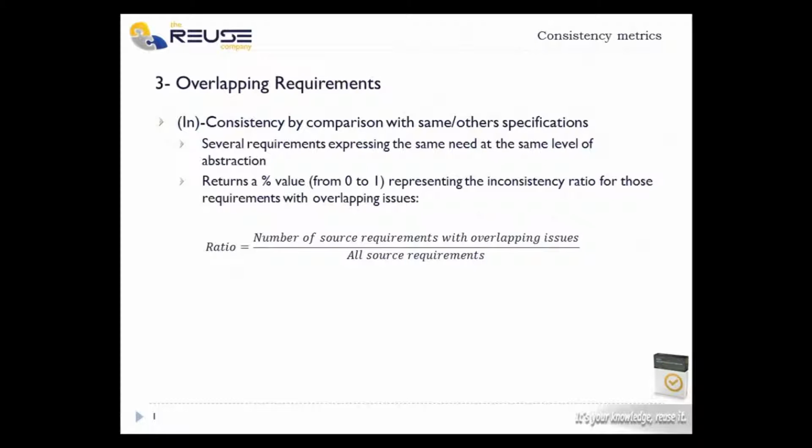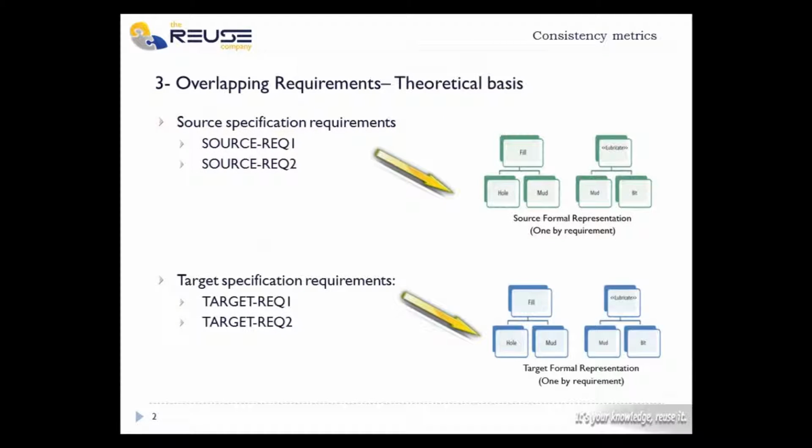The goal of this metric is to check if there are redundant or duplicate requirements within the same specification. This analysis is done by means of transforming the requirements from both specifications into formal representations, and then using mathematical graph algorithms to compare those representations to get a similarity quantitative value.